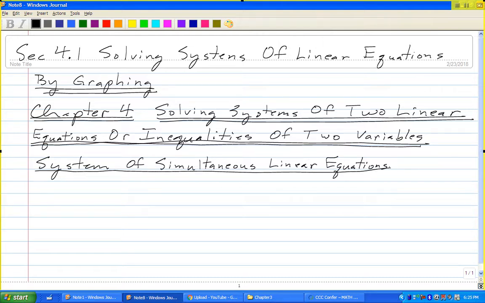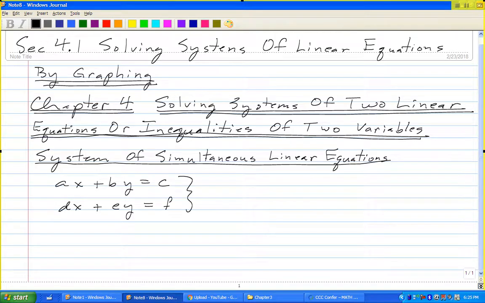One linear equation in two variables, I can write in standard form, ax plus by equals c. And let's suppose I have another line, dx plus ey equals f. This system together, these two lines together, is called a system of simultaneous linear equations.